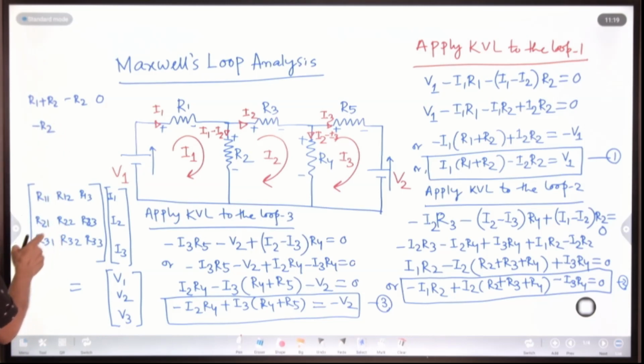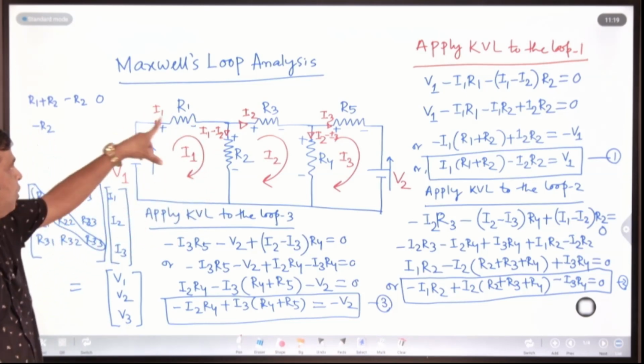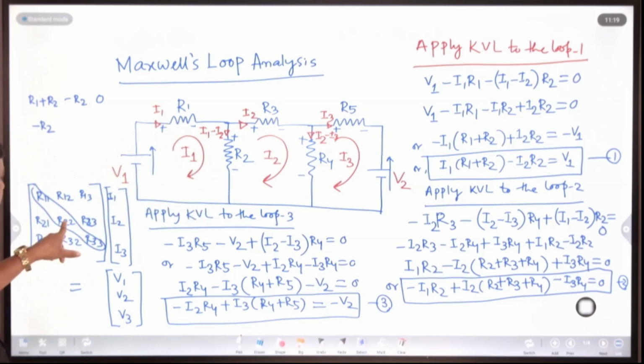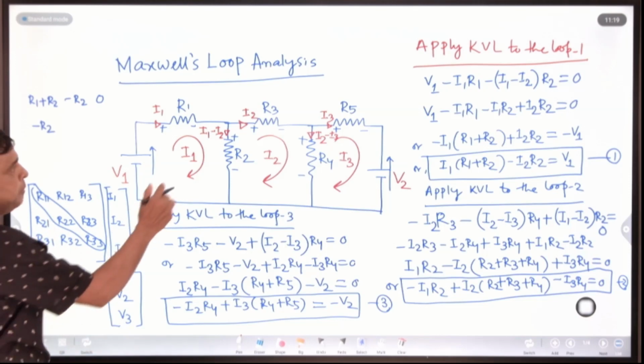R22 is the sum of the resistance formed by loop 2. Look at this, this is your diagonal. R11 means the sum of the resistance formed by loop 1. In loop 1, how many resistances? R1 plus R2, R11. R22 means self loop 2 or self mesh 2.